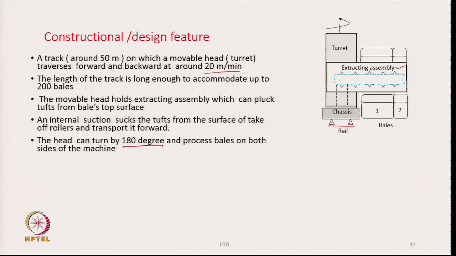Any bales placed on the right-hand side will be opened out by this automatic machine, and while coming back this entire turret will turn by 180 degrees, and bales kept on the left-hand side will now be acted upon.